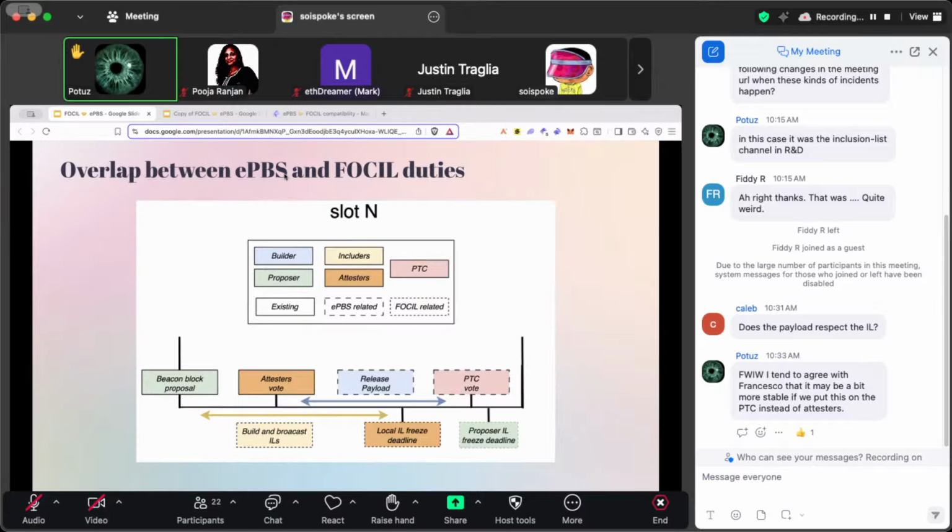Those bids over the P2P network need to start before the start of the slot. So unless we completely ditch the P2P side, we're going to have that freeze before the start of the slot to give builders time to build and broadcast their bit lists before the start of the slot. So what are the numbers that you have in mind?